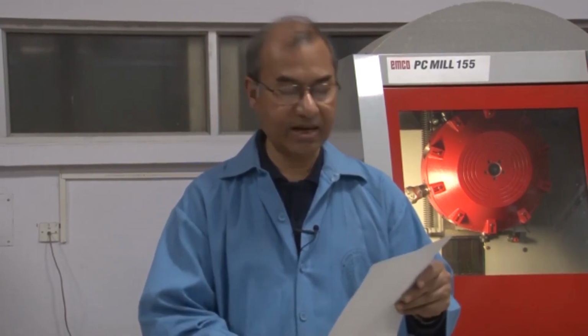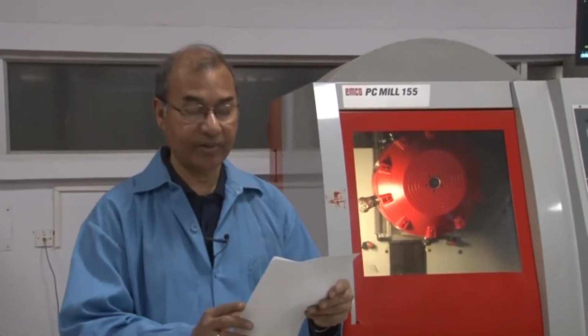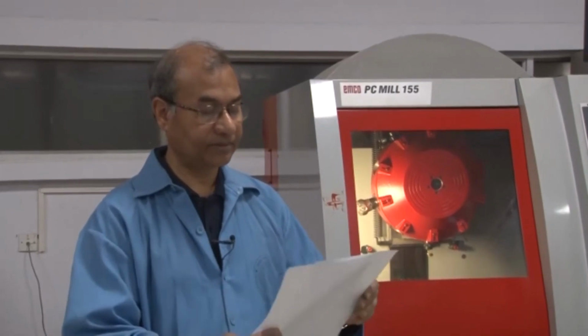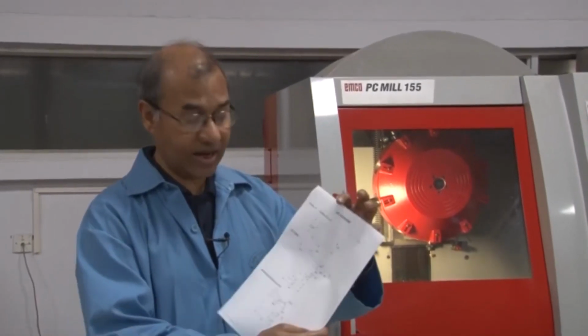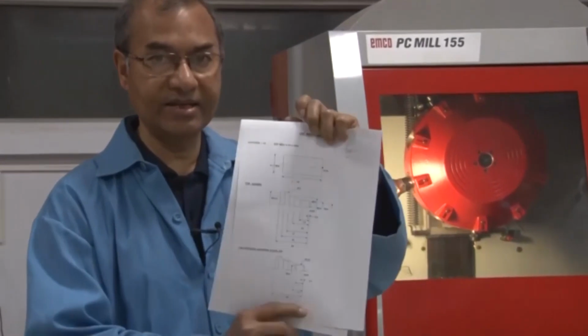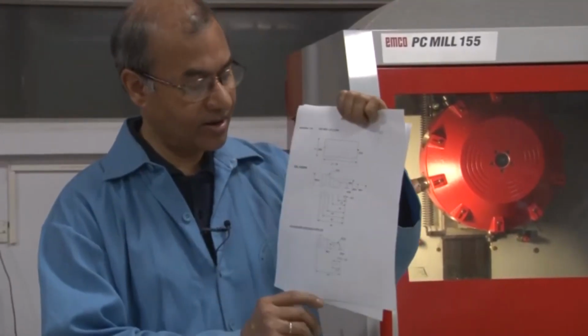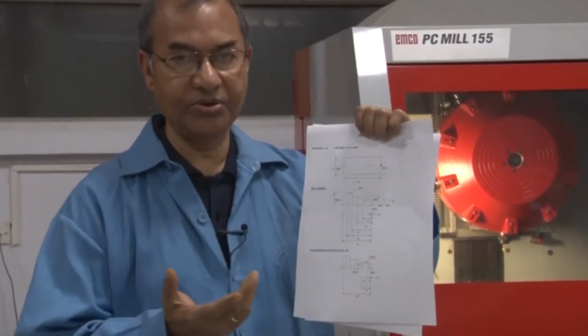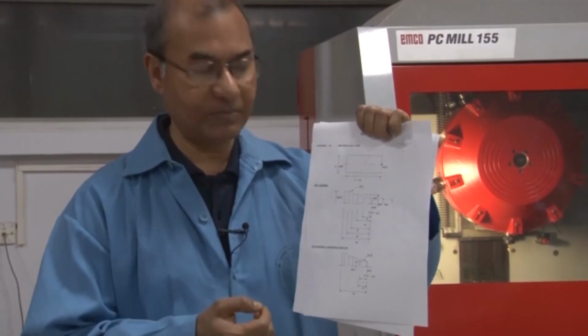All right. Now, what we are going to show in these machines is that first we will go for turning, and this is the drawing for the part. I have already shown it to you through the PowerPoint presentation.